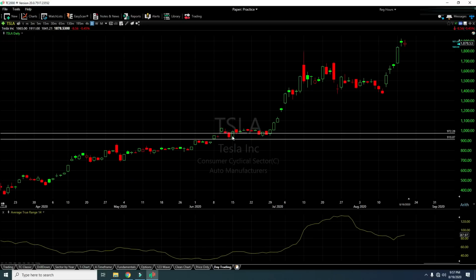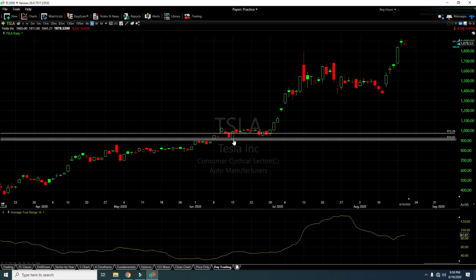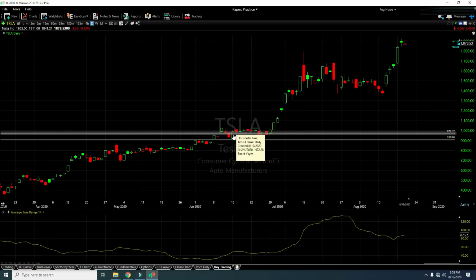From here, after the pullback on this day, June 15, 2020, the price has formed a bullish engulfing candle. This is a confirmation for an entry on the next day at the open.